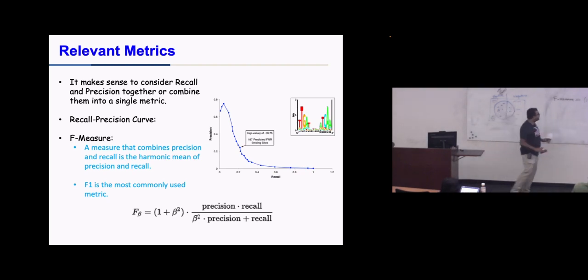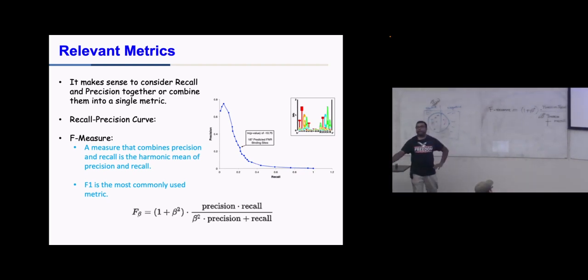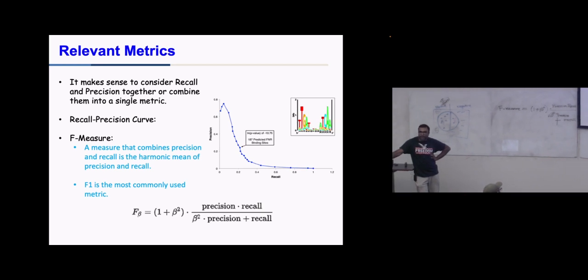Now, based on the value of beta, you can put different weights on precision and recall. But if you want to put equal weight, what should be beta? Beta should be 1.